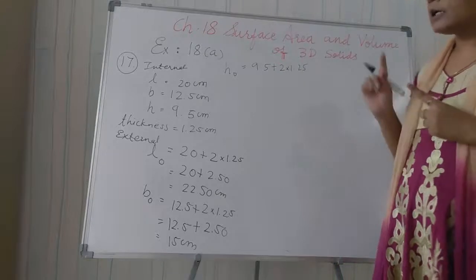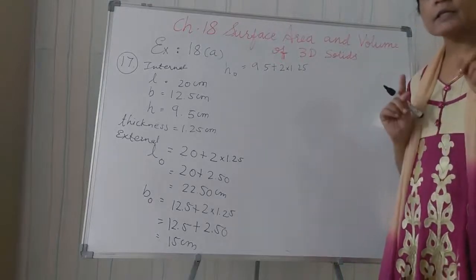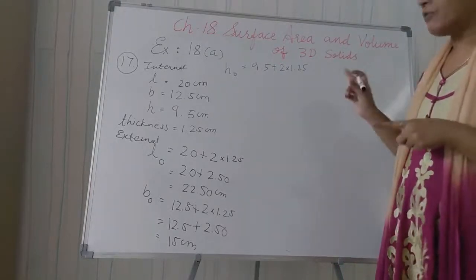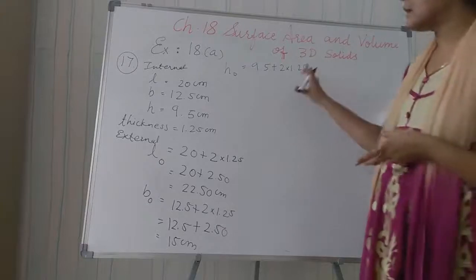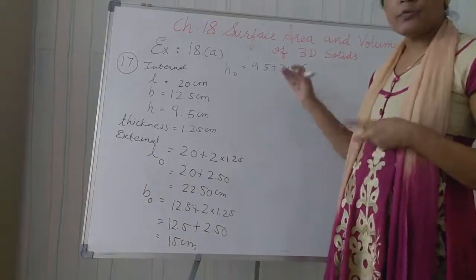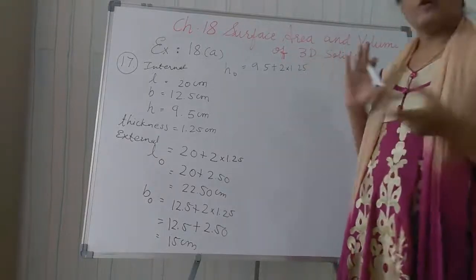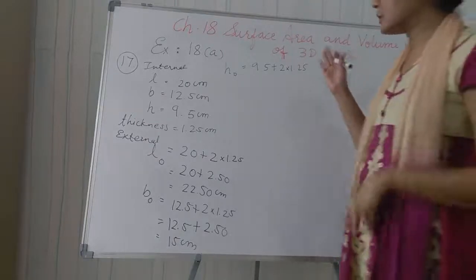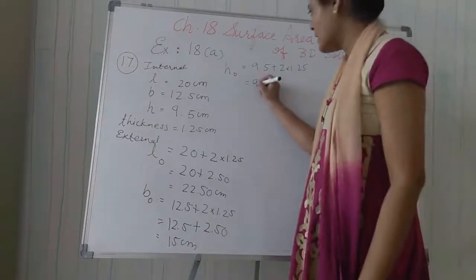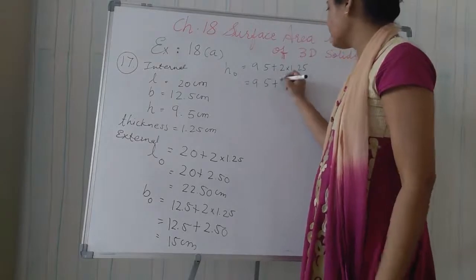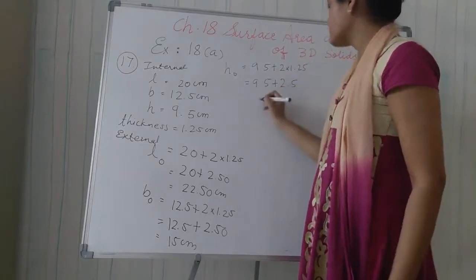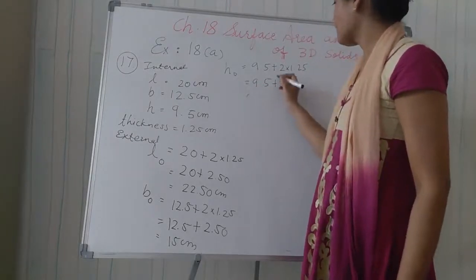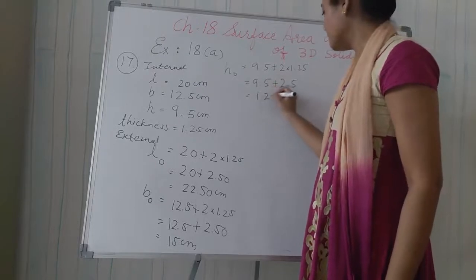One more thing: it is given in the question that it is a closed box. So remember, whenever it is a closed box, the height also we have to multiply by 2, because the thickness is on both sides. So 9.5 plus 2.5 gives 12 centimeters.